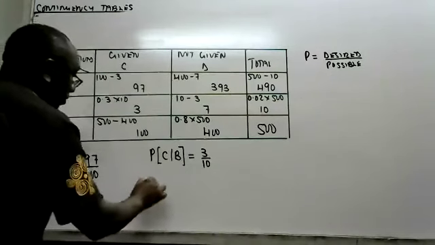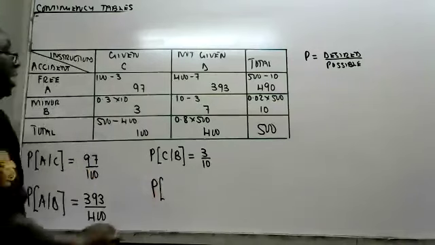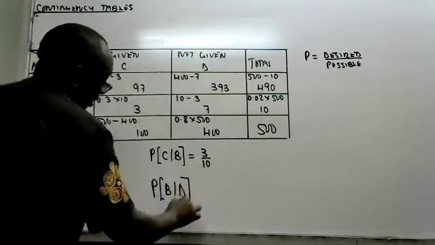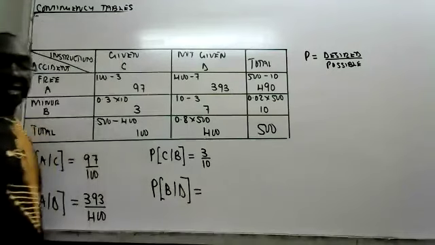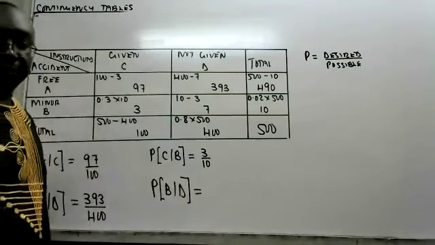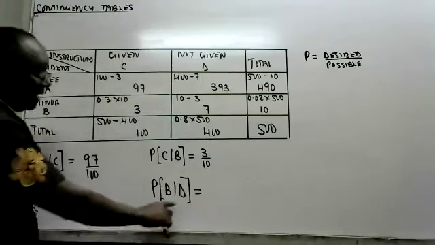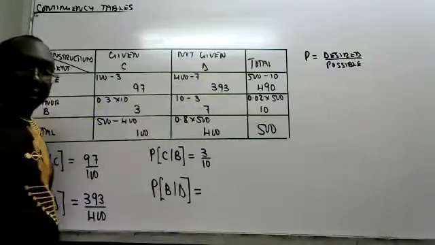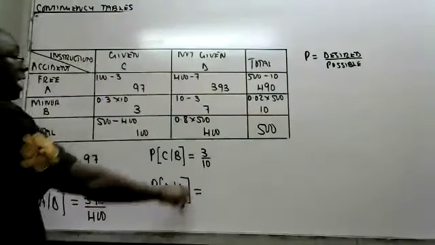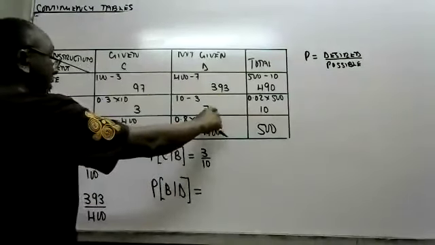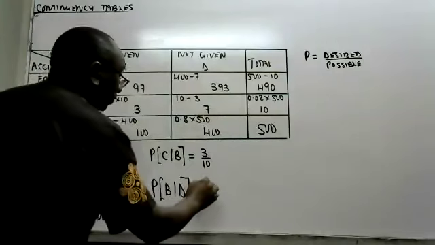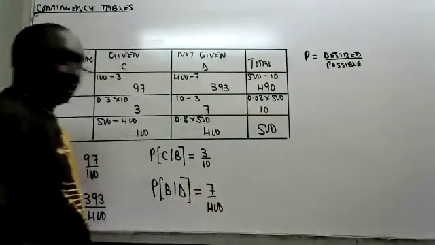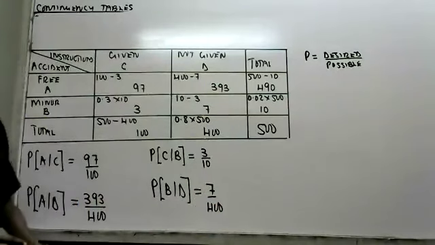Similarly, if you are told probability of B given D, you go to where there is D. Then when you are there, you get the B's in D. There are 7. So 7 out of 400.